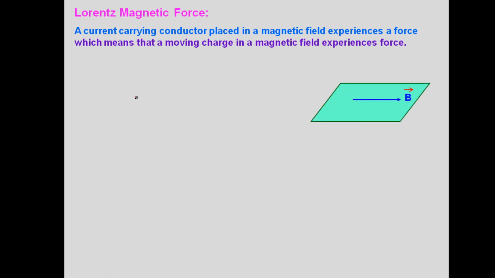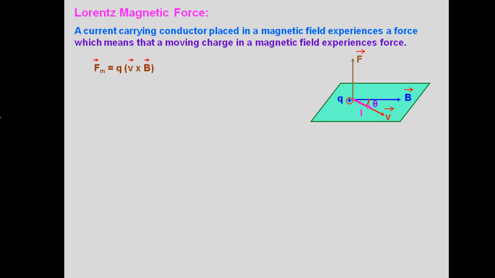Let's see. This is a direction of magnetic field from left to right side, and a charge particle, positive charge we are assuming here, is moving with velocity v, making angle theta with the magnetic field, and the direction of velocity will give the direction of current also. Angle is theta, so the force experienced will be in this way, in a plane perpendicular to the plane of magnetic field and velocity.